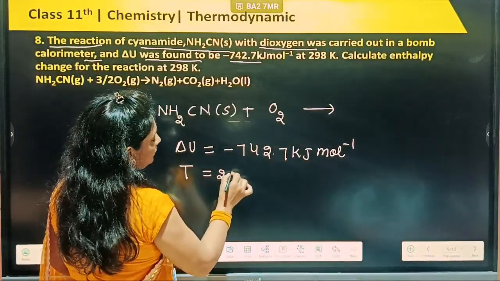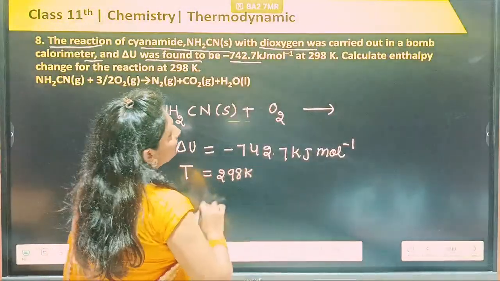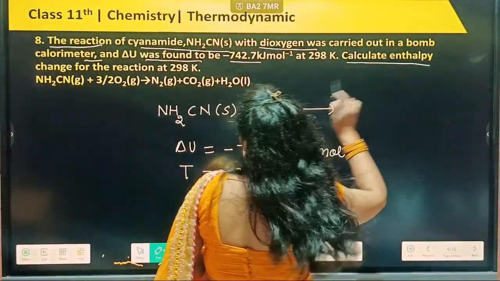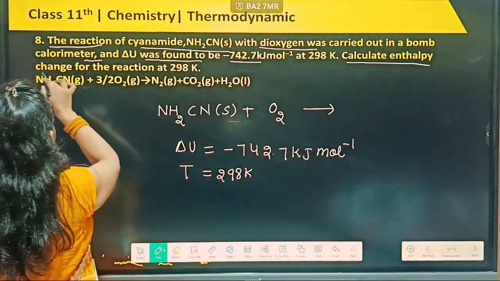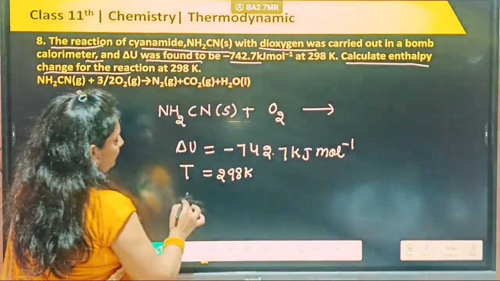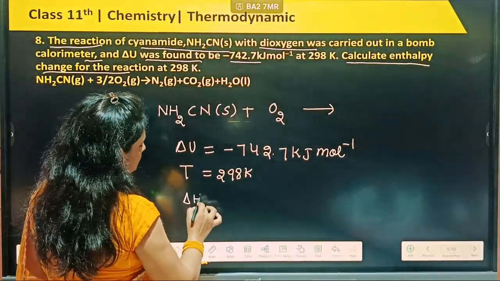Temperature is given, 298 Kelvin. Calculate the enthalpy change.